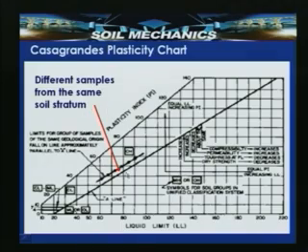Let us look once again at the Casagrande's plasticity chart. Here the plasticity index is indicated on one axis and the liquid limit on the other. Along this line is equal plasticity index with increasing liquid limit, and here equal liquid limit with increasing plasticity index.